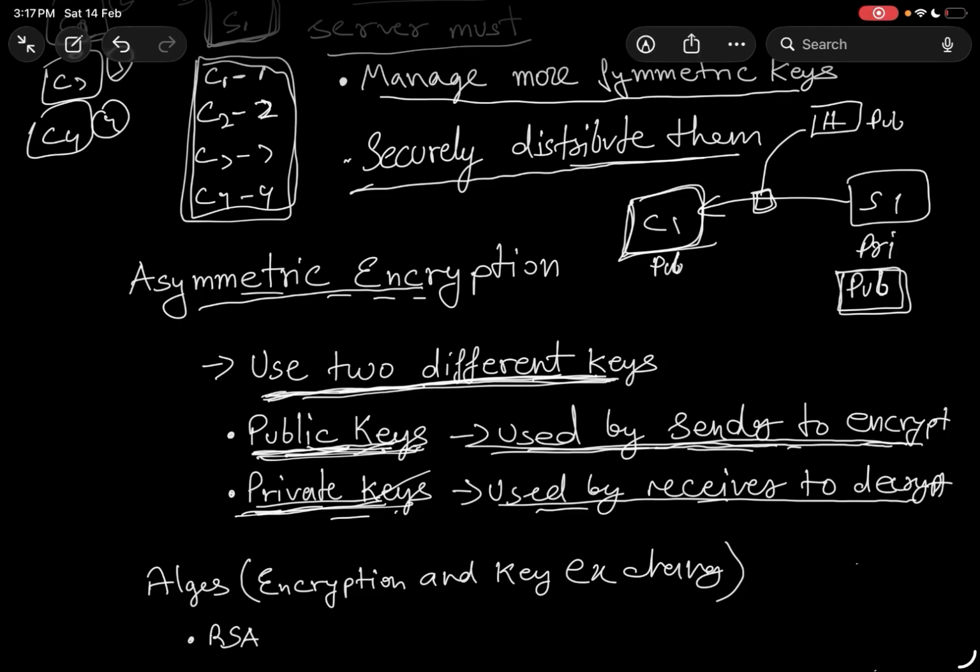Now what will the client do? Let's say the data the client is sending is xyz. The client will encrypt this data using the public key and send it over the network. This data may come here, and also here. Because only the server has the private key, only the server can see the data.